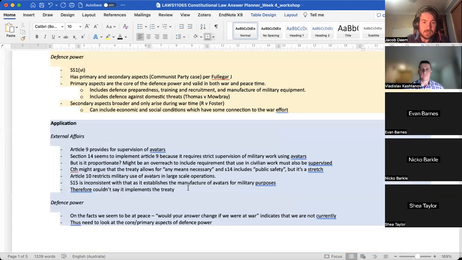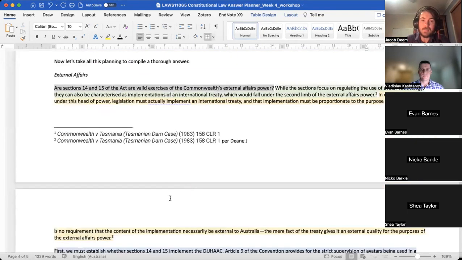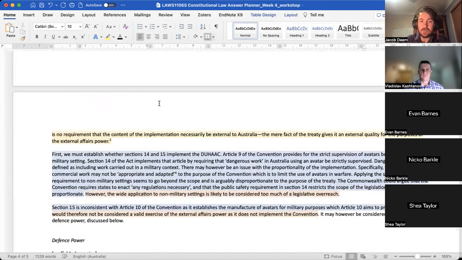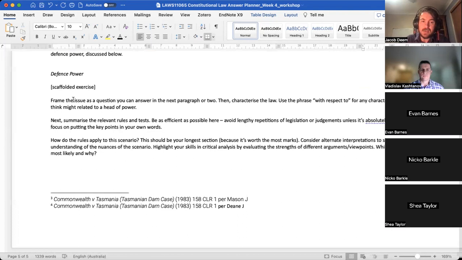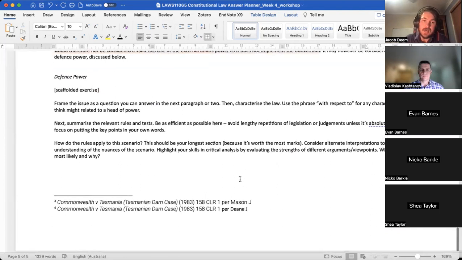What I've done, I've mapped it out clearly for the external affairs power, and then I've scaffolded the defense power. So, you know, I'm getting you to do the work a bit more there.